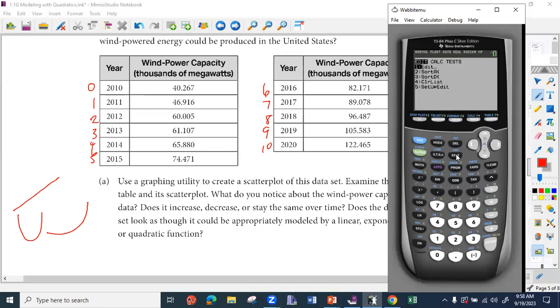So I'm going to go to stat. I'm going to go to edit, and I'm going to input my X values 0, 1, 2, 3, 4, 5, 6, 7, 8, 9, and 10.